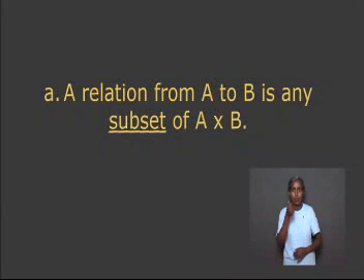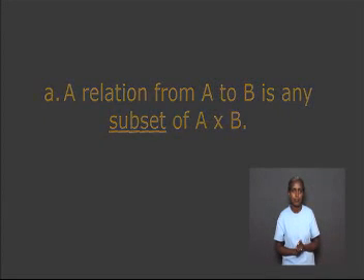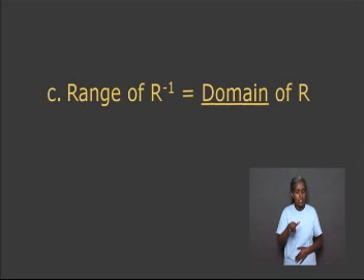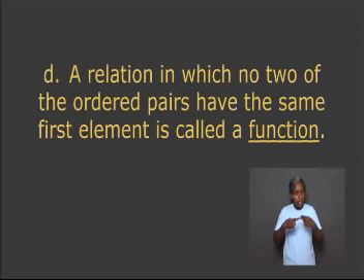A relation from A to B is any subset of A cross B. The domain of the inverse of R is the range of R. Similarly, the range of the inverse of R is the domain of R. A relation in which no two of the ordered pairs have the same first element is called a function.